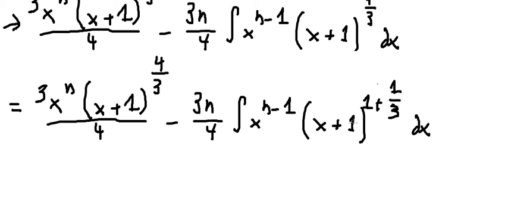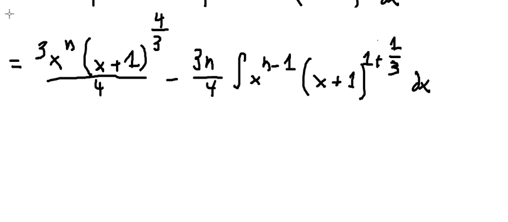So in this situation, we have two factors. That's s plus 1 to the power of 1 and s plus 1 to the power of 1 over 3. That should be like this.